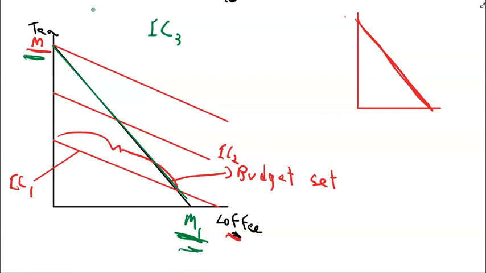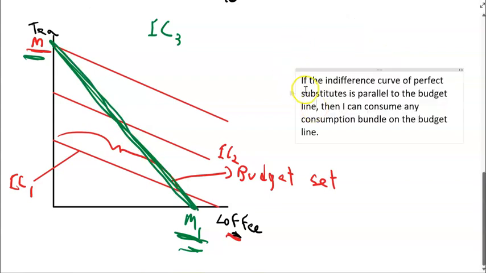So if my indifference curve is parallel to my budget line, then any point on the budget set is possible. So if the indifference curve of perfect substitutes is parallel to the budget line, I can consume at any point on the budget line, and that would be my optimal consumption bundle.